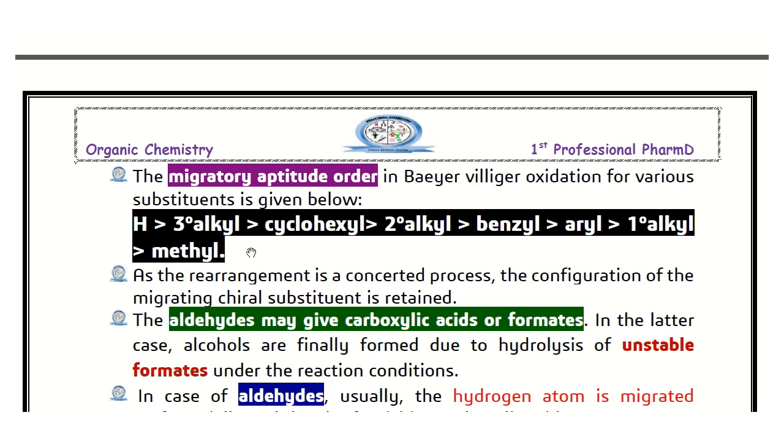Methyl is the lowest. For example, on one side we have the tertiary alkyl, on the other side we have the methyl. Which will be migrated? Obviously the tertiary alkyl will migrate towards oxygen.